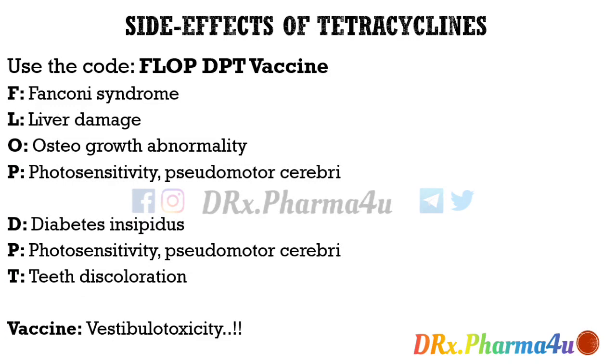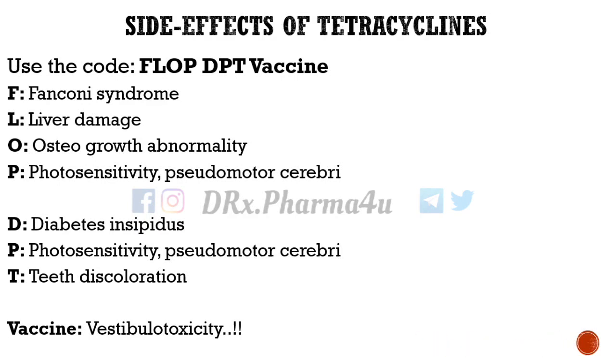To remember the side effects of tetracyclines, you can use the mnemonic FLOP DPT vaccine. DPT you know very well, diphtheria, pertussis, tetanus. Those vaccines are usually given in children. So FLOP DPT vaccine. F stands for Fanconi syndrome. L stands for liver damage.